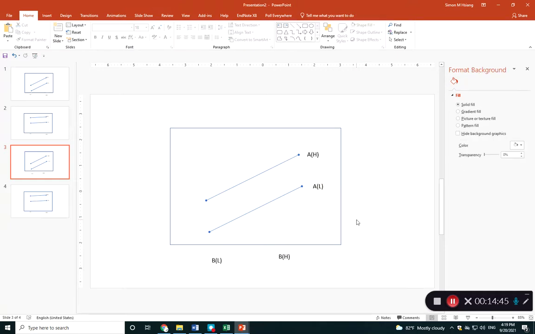First of all, this is just saying that an A change or B change changes our measurement. Okay? But in this case, you can look at B at low level, what happened from AL to AH. Look at B at high level, what happened from AL to AH.